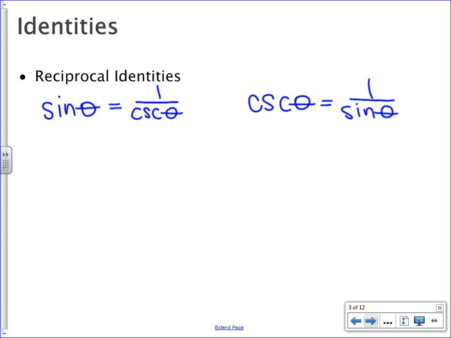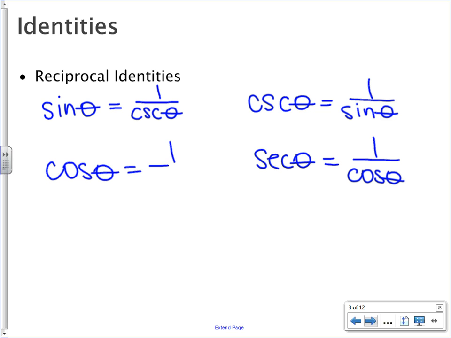Okay. If the cosecant of theta is 1 over sine theta, and sine theta is 1 over cosecant of theta, what would be another reciprocal identity that you know? Okay, our secant is the same thing as 1 over cosine, and cosine is the same thing as 1 over secant.